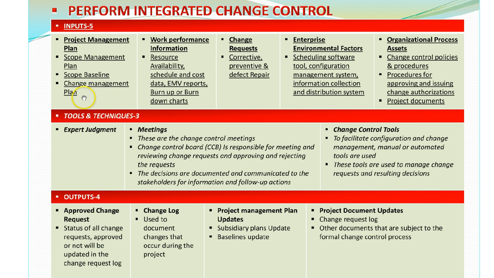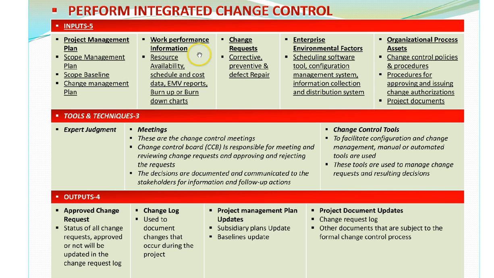So it can even affect what? The cost of the plan. It can even affect the quality of the plan, right? But those are all subsidiary plans that fall under the project management plan, and they will be used as inputs to perform integrated change control.